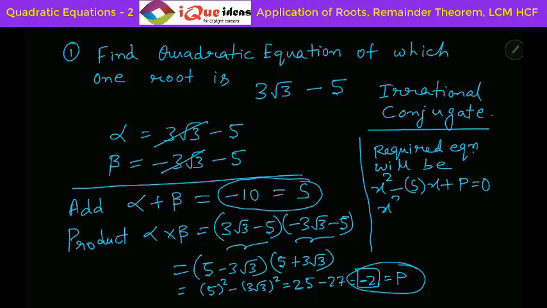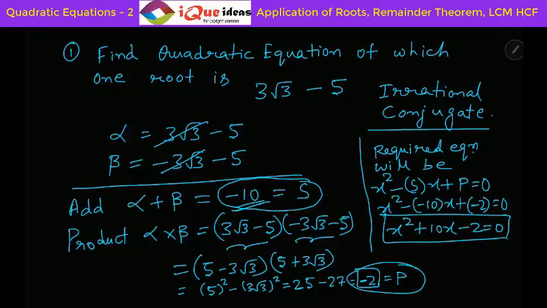So here it is x square minus, in place of sum we will put minus 10, into x, plus in place of product we will put minus 2, that is equal to 0. So our answer will be x square plus 10x minus 2 is equal to 0, right? So this was one good question.